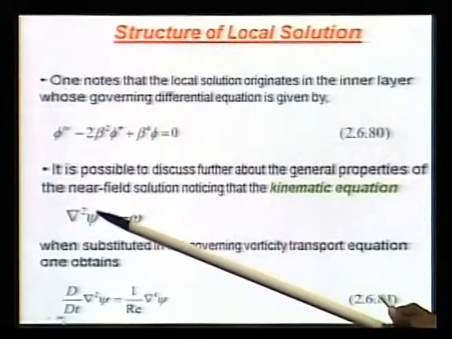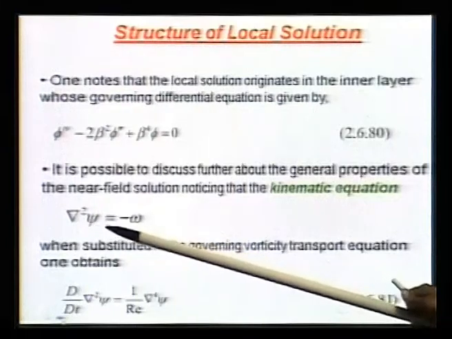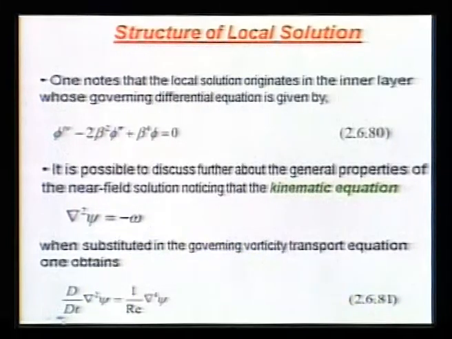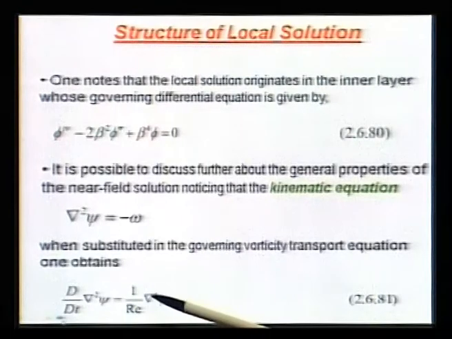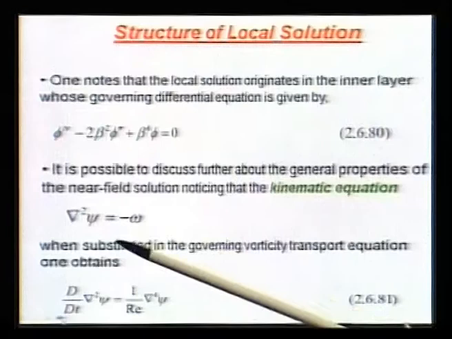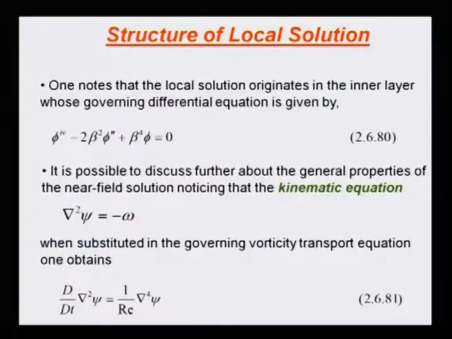This is the kinematic definition of vorticity, del square psi equal to minus omega. You plug it into your vorticity transport equation. The vorticity transport equation is d omega dt, this is the substantive derivative, equal to 1 over Re into del square omega. If I substitute omega equal to minus del square psi, I get this.